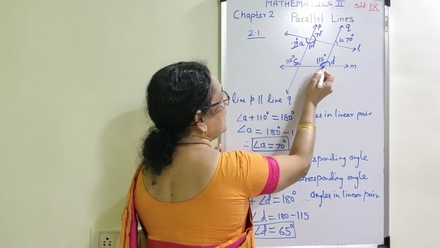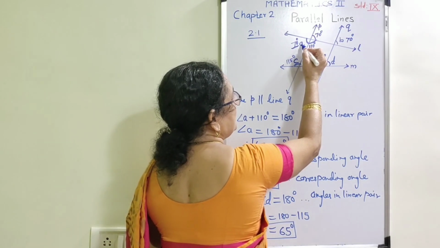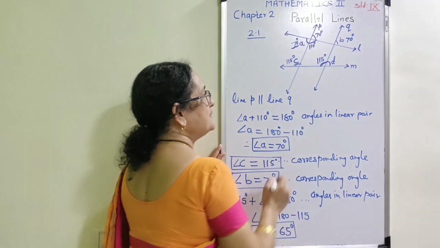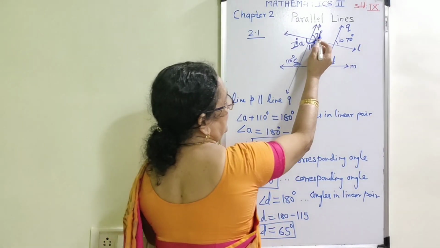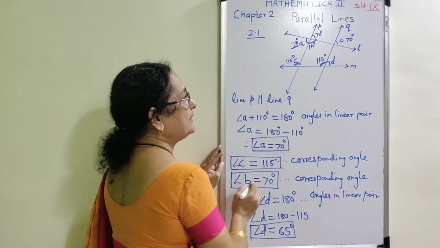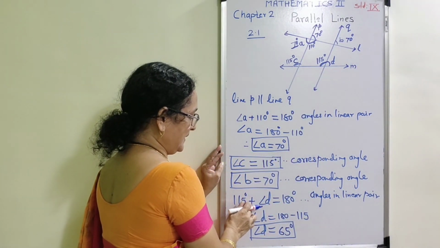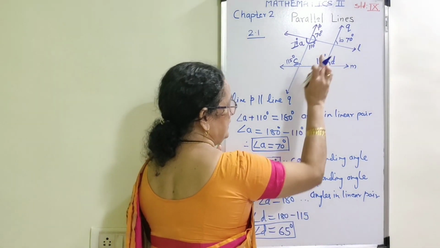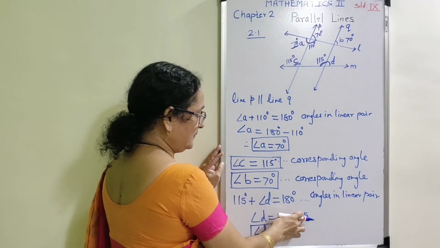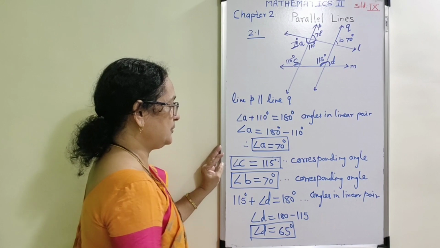Since P and Q are parallel, these two are corresponding angles. Next, if this one is 70, their opposite angle is also 70. If this is 70, B is 70. Since those are corresponding angles, 115 and D both are in linear pair, therefore their addition is 180 degrees. Subtract 115 from 180, your answer is 65 degrees.